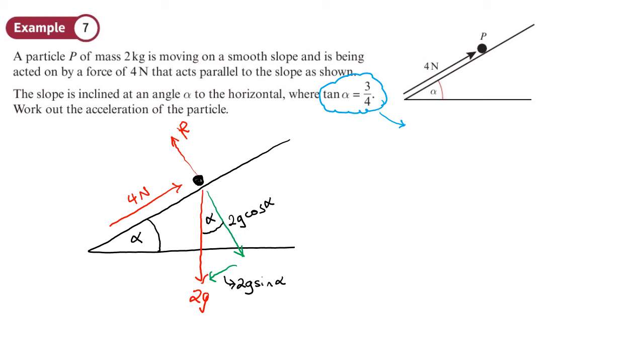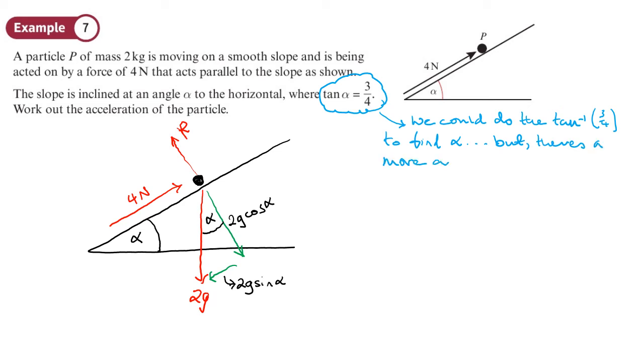So we could do the tan inverse of 3/4 to find alpha. We could do that, but there's a more accurate way. Let me show you how to do it.